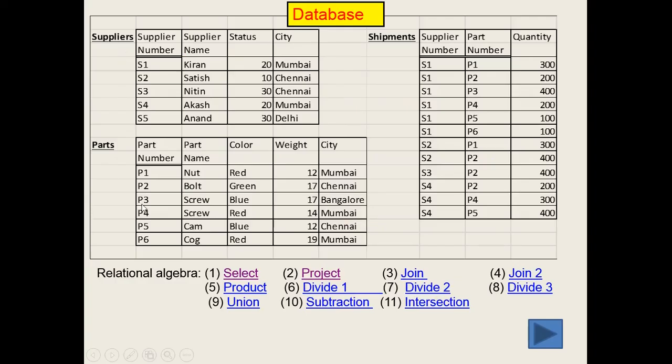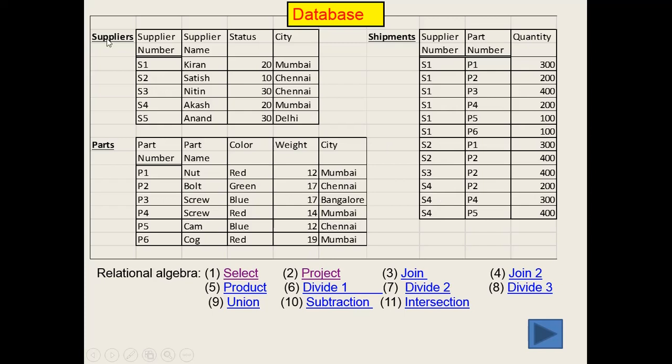Relational algebra is a procedural query language which takes instances of relations as input and yields instances of relations as output. Various operators of relational algebra are select, project, join, conditional join, product, division, union, subtraction, and intersection. We will now discuss the application of these operators to the given database.